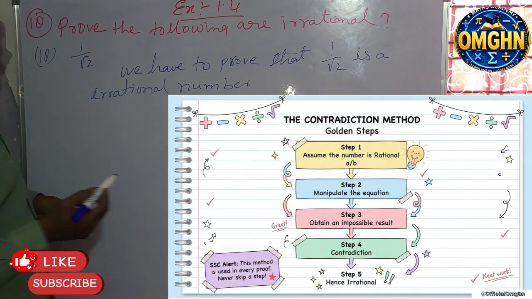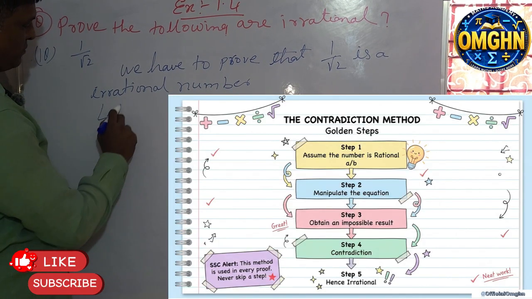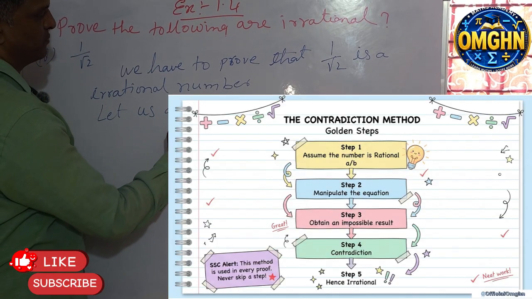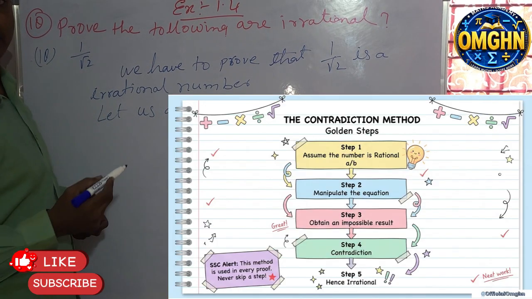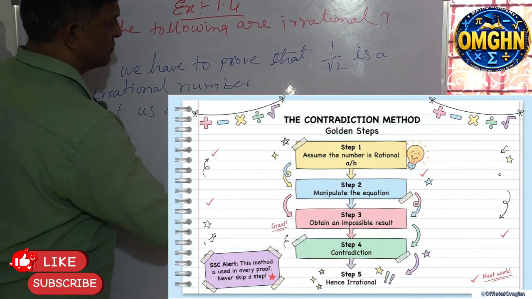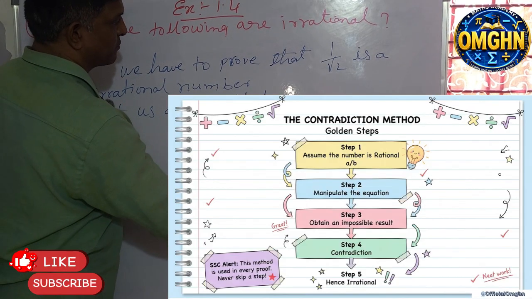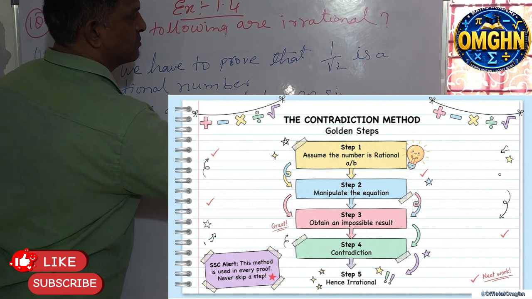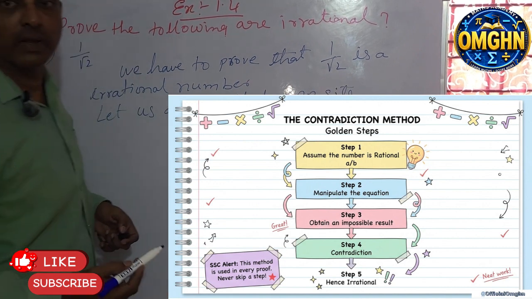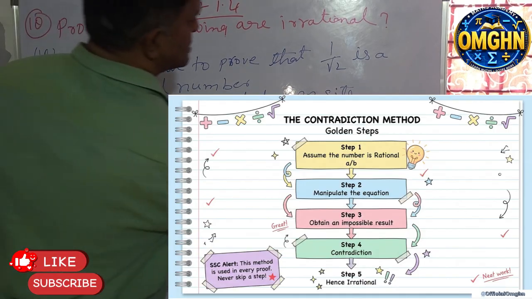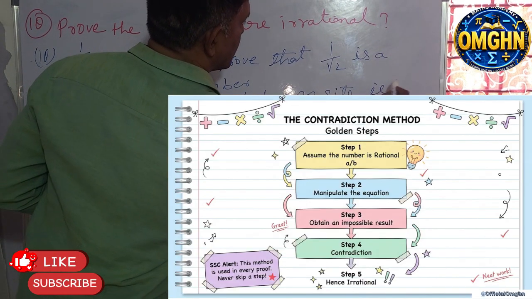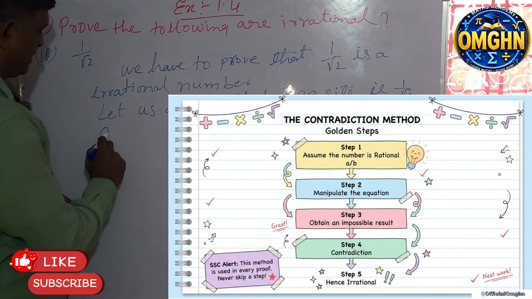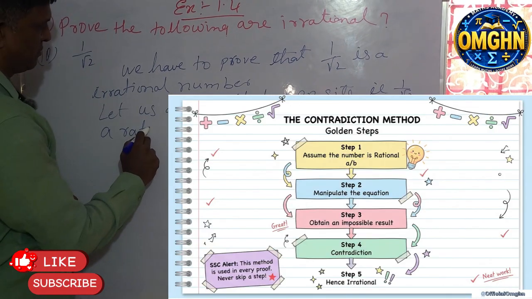Okay, first of all, let us assume the opposite, that is, we are taking 1 by root 2 is a rational number.